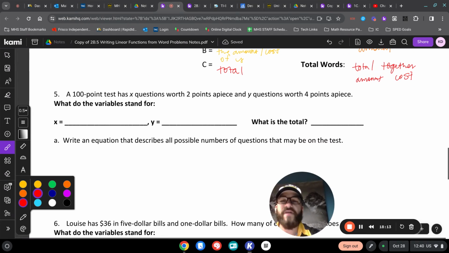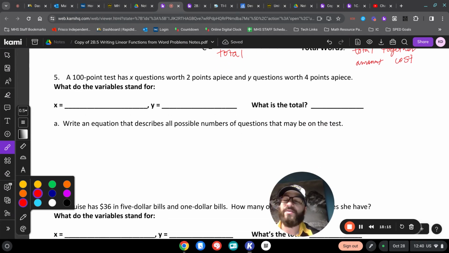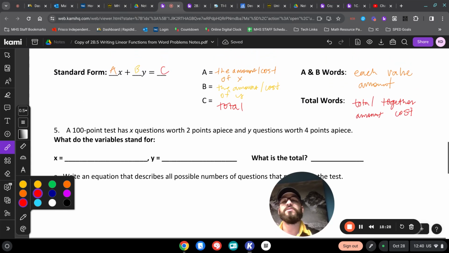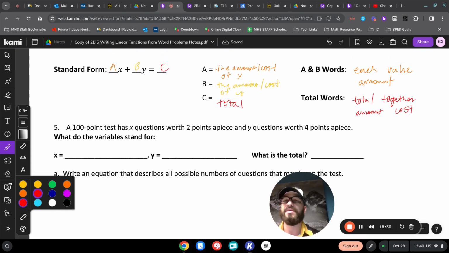So on number 5, a 100-point test has X questions worth 2 points apiece and Y questions worth 4 points apiece. The first thing we want to note is, what do our two variables stand for? We have two different things. That's the key. When we're using standard form, we have two different things that are worth different amounts or have different totals or different costs. In this case, we have X questions and Y questions, each worth a different amount of points.